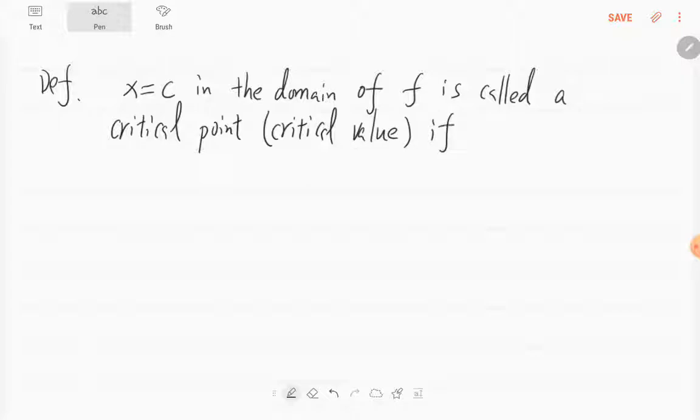If either f prime, the derivative of f evaluated at c, equals 0, or the derivative of f does not exist.